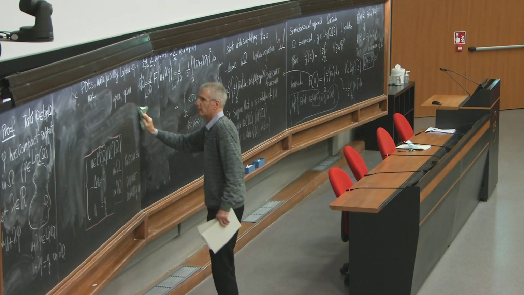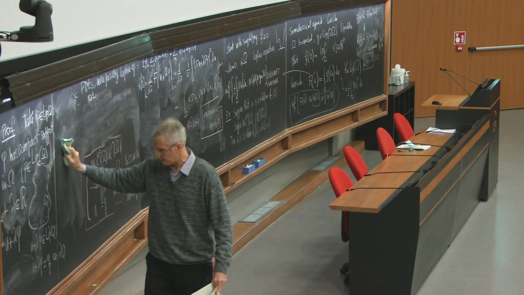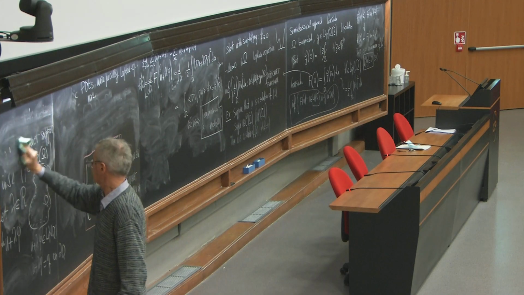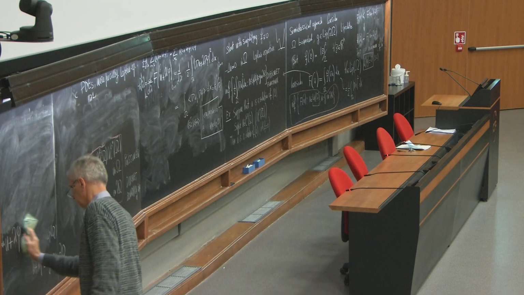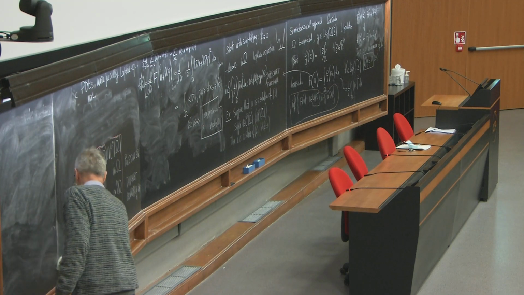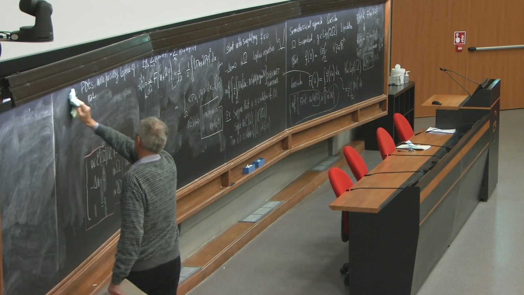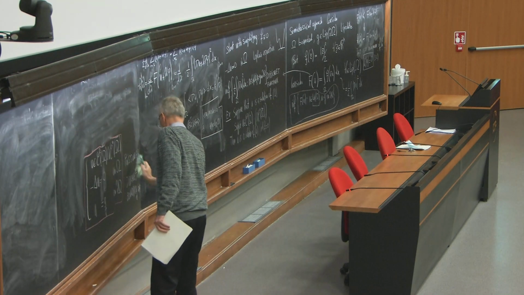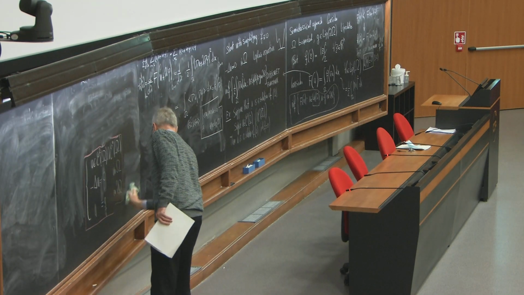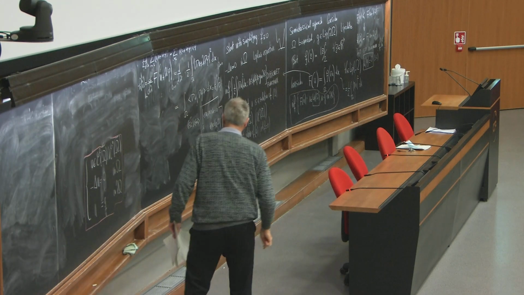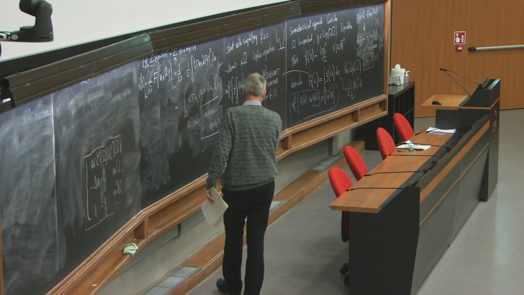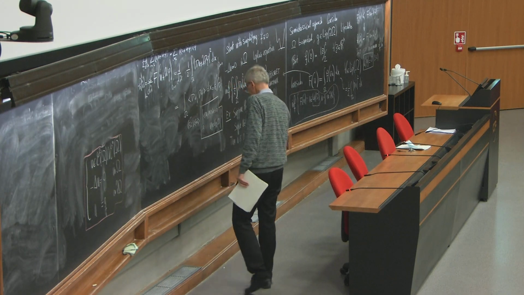Sorry, I have to erase a lot of things. Poisson. Okay. So our h prime at 0 equal to 0 is this.